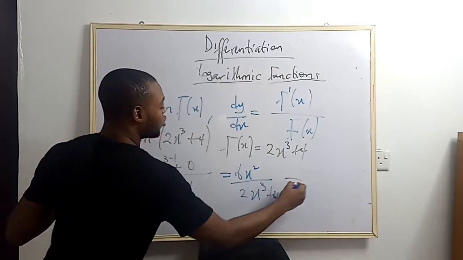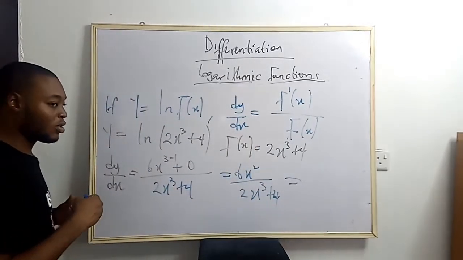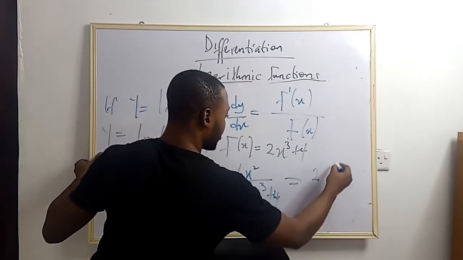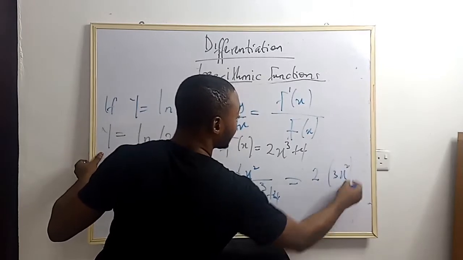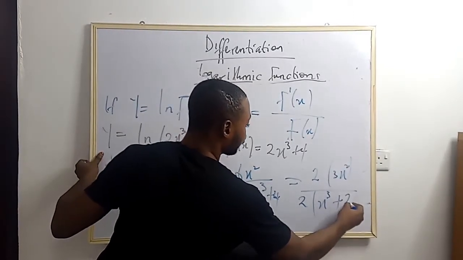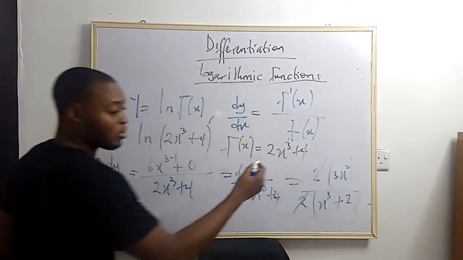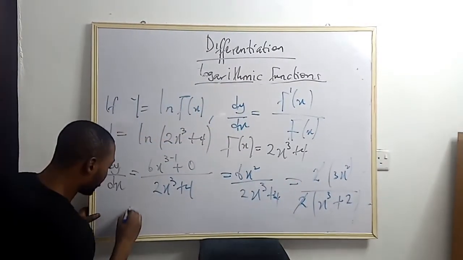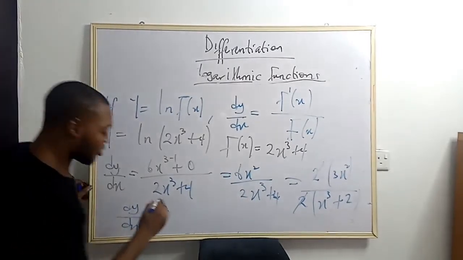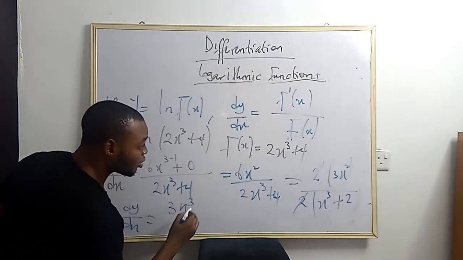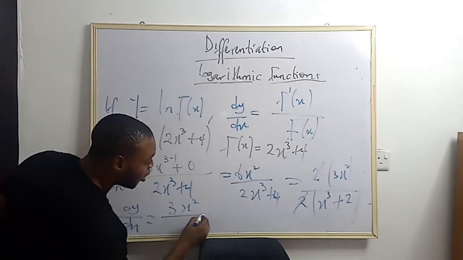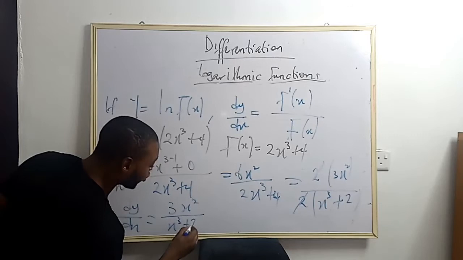From here you can factorize out 2. Then you have 3x squared all over 2 into bracket x cubed plus 2. So 2 cancels 2, and dy/dx will be equal to 3x squared all over x cubed plus 2.